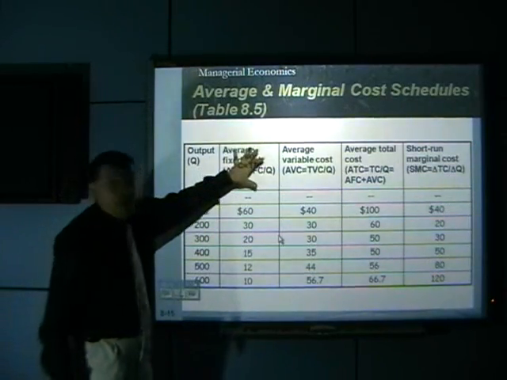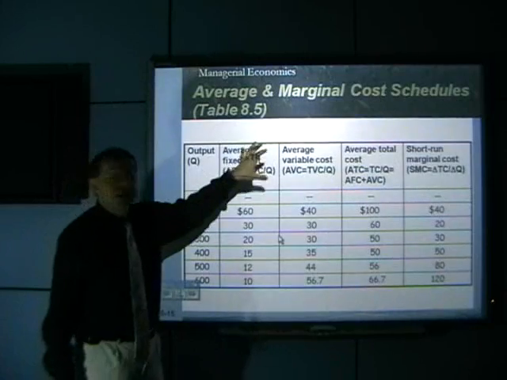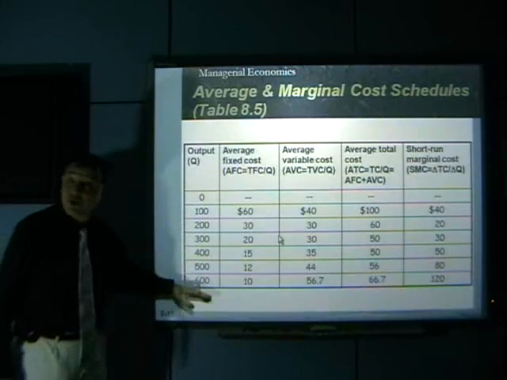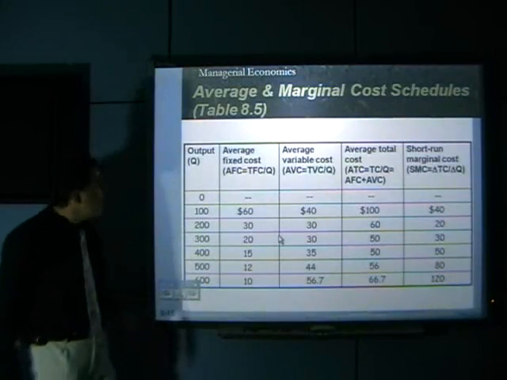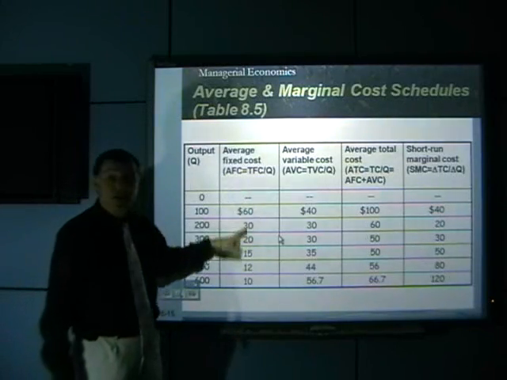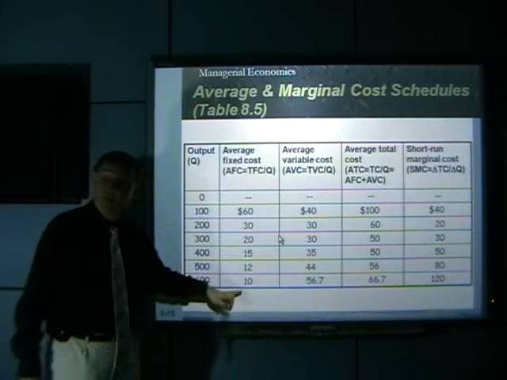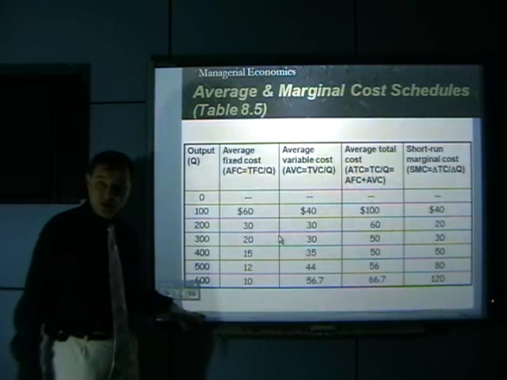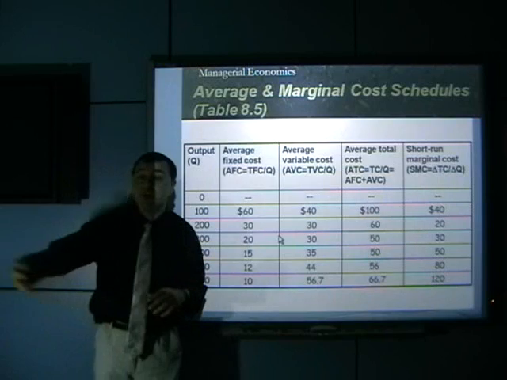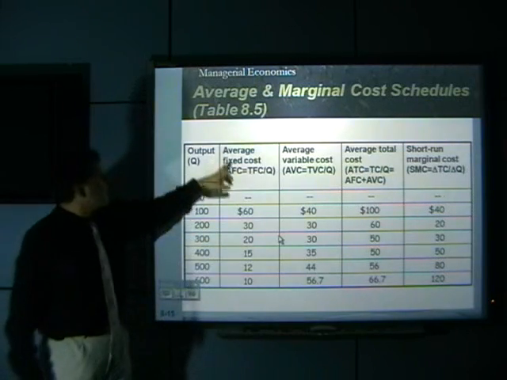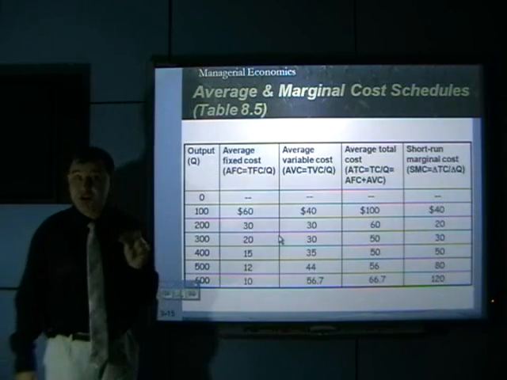So, because the fixed cost is fixed, you divide the same number by ever increasing quantity, and the average fixed cost must always necessarily fall as quantity increases, and as quantity approaches infinity, the average fixed cost approaches 0, right?